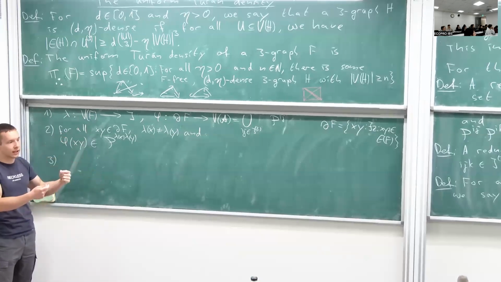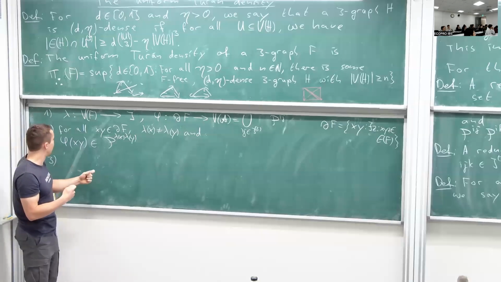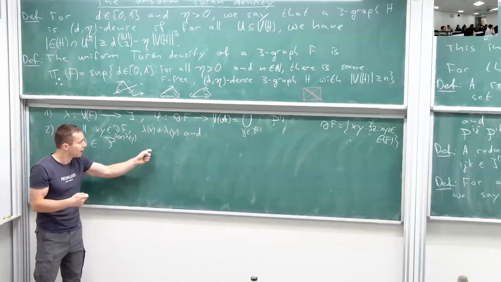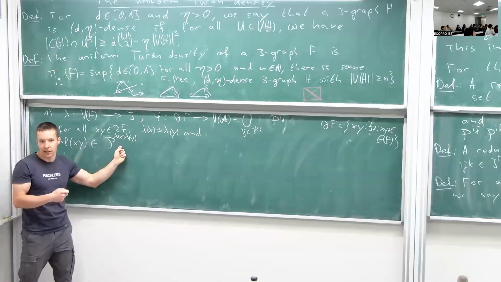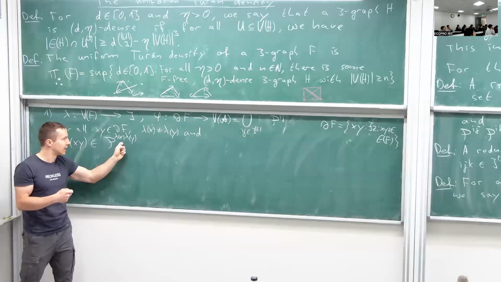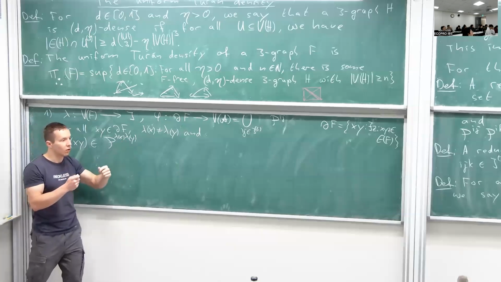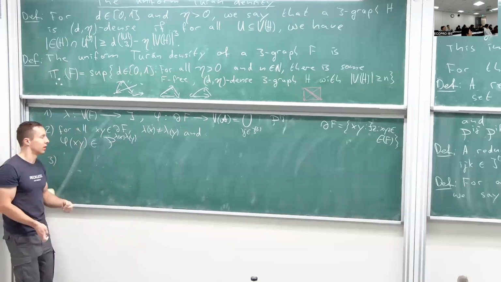So therefore, we know that these vertices get mapped to three different indices, and we know that for each of the pairs in the shadow, we have the respective vertex in this vertex partition class between those two indices. And so we can ask for these three vertices to form an edge.